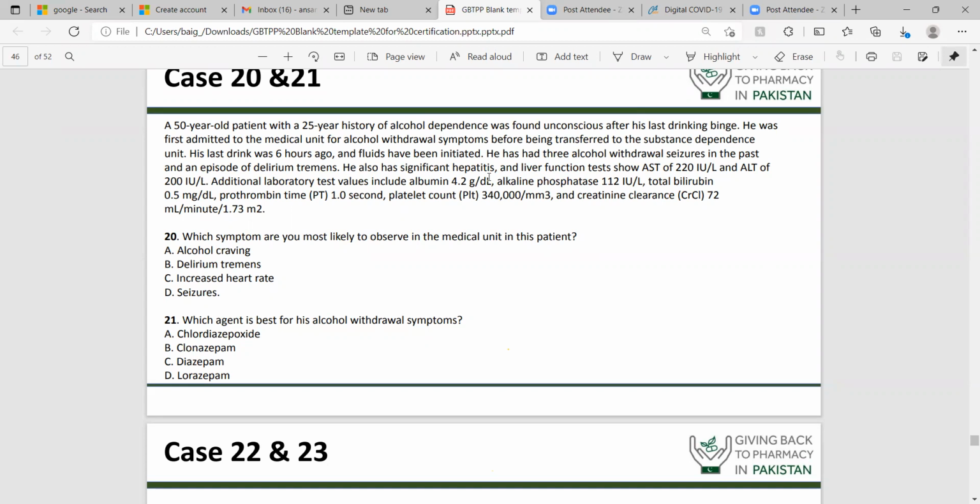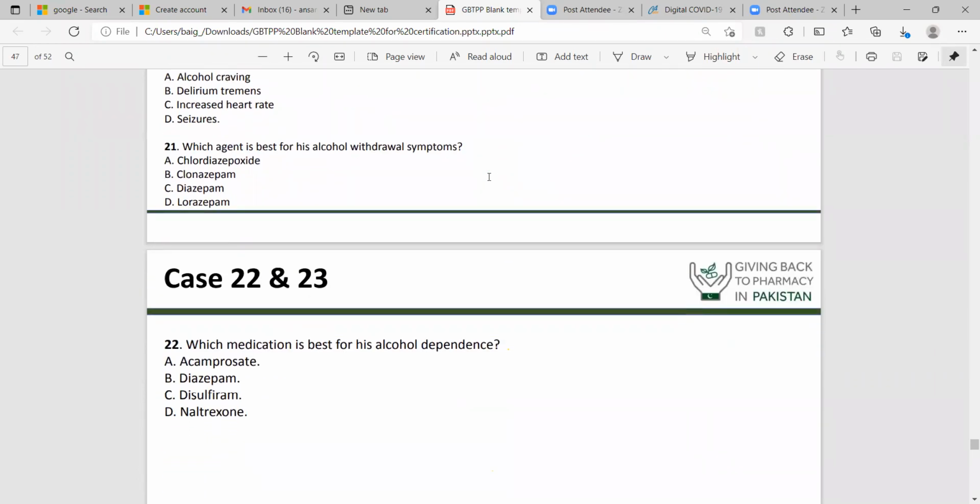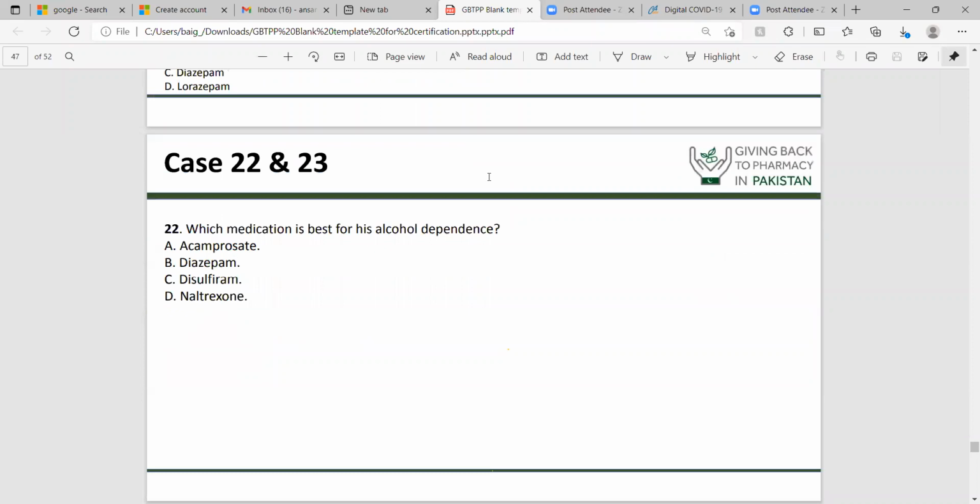So the best option is lorazepam. As I said, whenever we are choosing an agent, we have to keep in mind if the patient's liver function is normal or not. Because for any alcohol patient, it is very common to have liver disease.